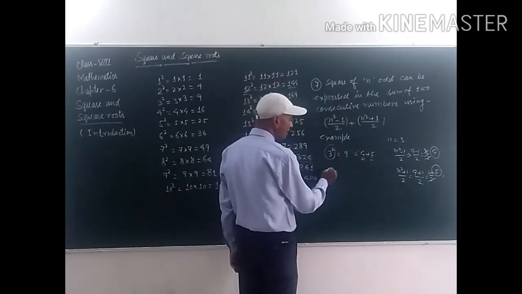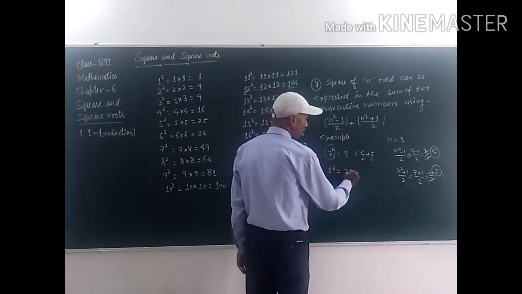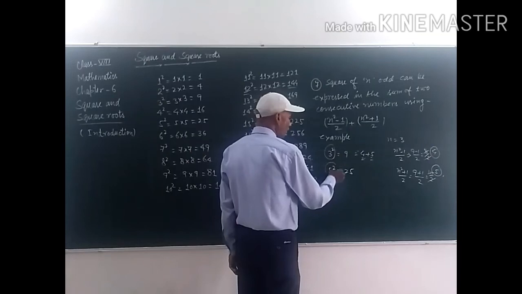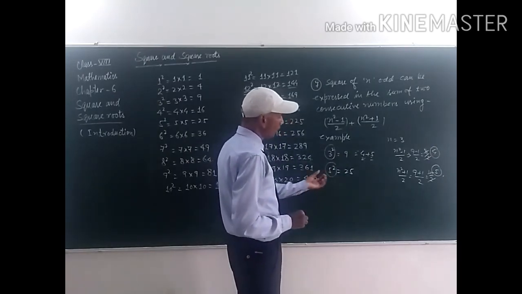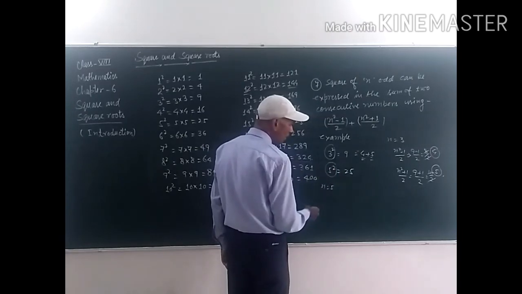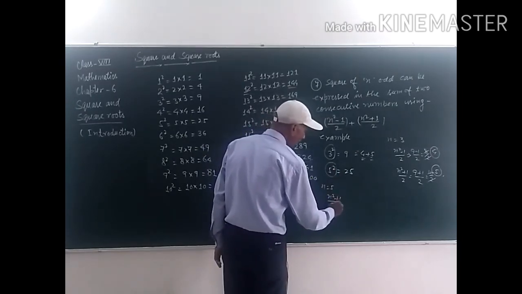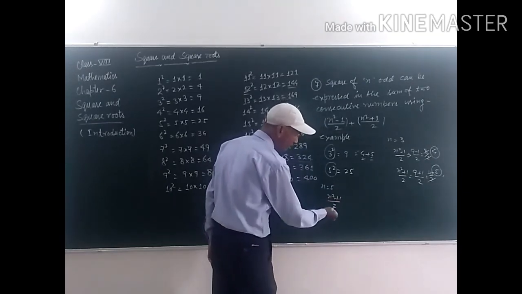Again take another example, 5 square, it means 25, student. n is equal to 5 here. So n square plus 1 by 2, what will be the number, student?